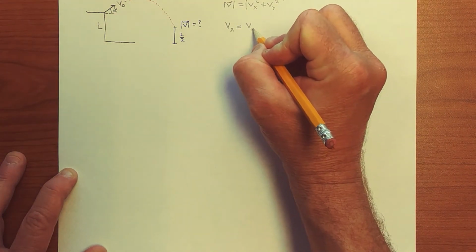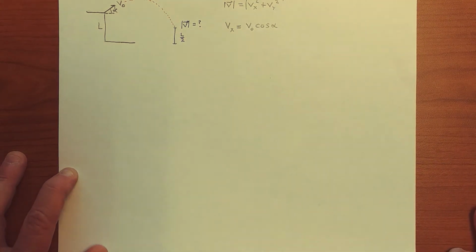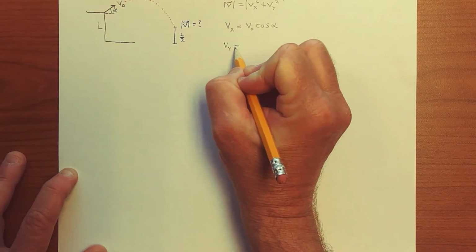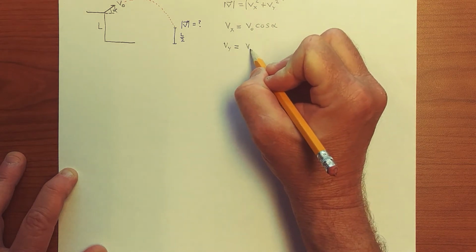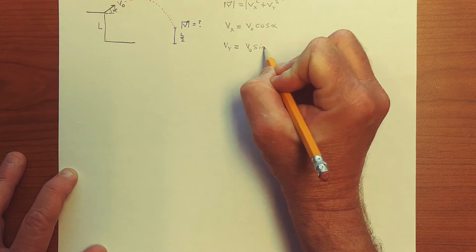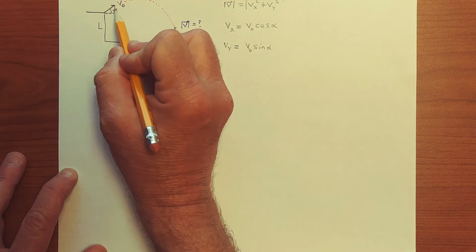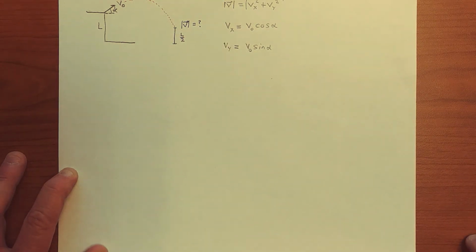So it's V naught cosine of alpha. So we have that, and we'll put it into there. We need the Vy. And the initial V naught y is V naught sine of alpha, and it's positive because the vertical component is upwards, and our convention is that upwards is positive.